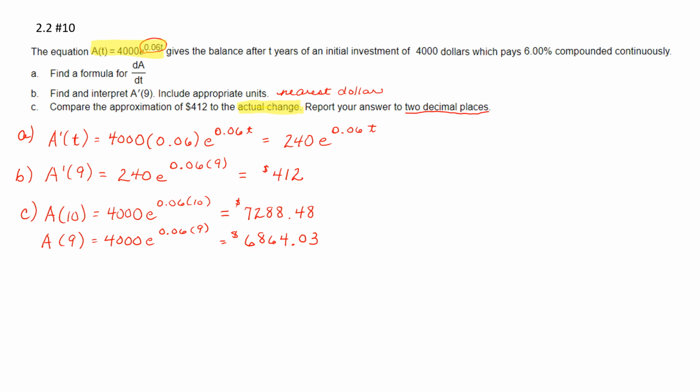We want to subtract these so that we can find the actual change from 9 to 10, and that gives us $424.45.